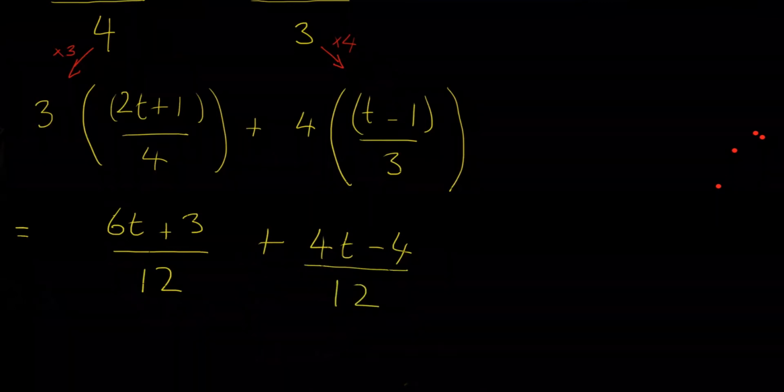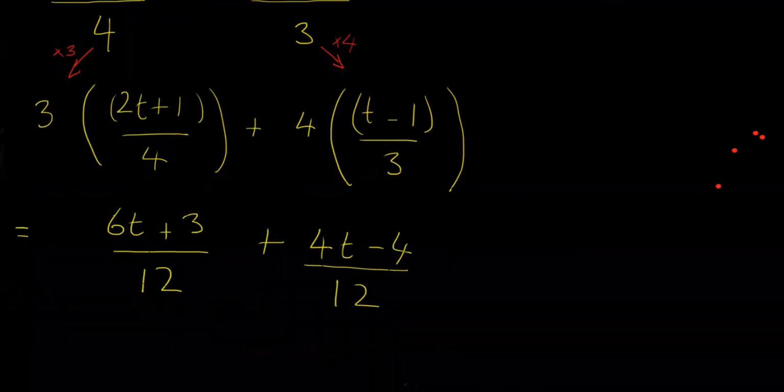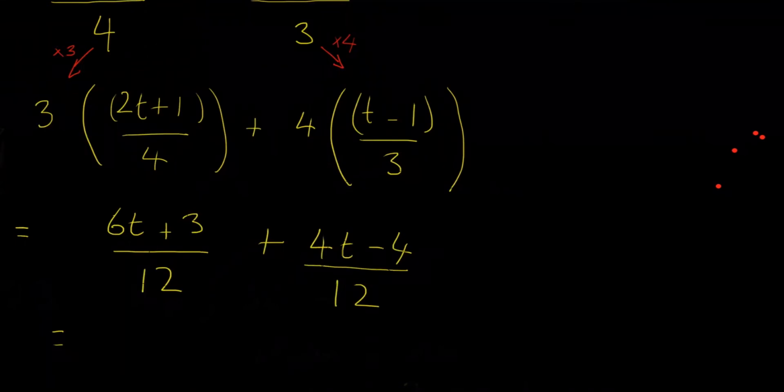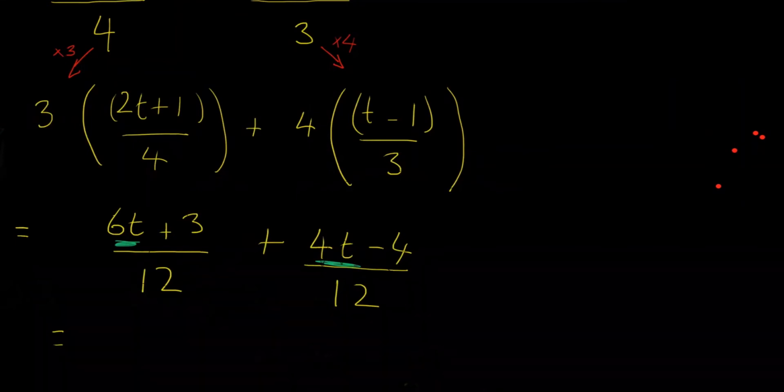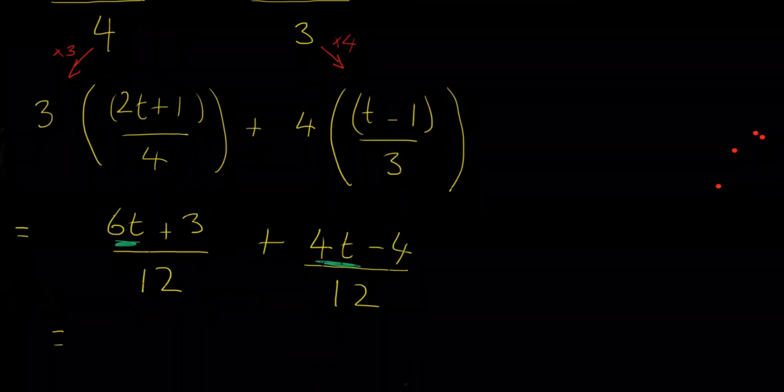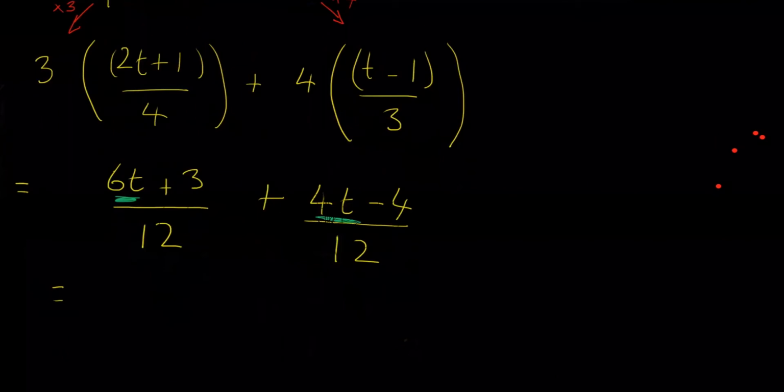So let's add these together then. Let's add all the t terms together. Yeah, we're going to work through this together. Okay, and then we can get you to do them together. So what's 6t plus 4t?